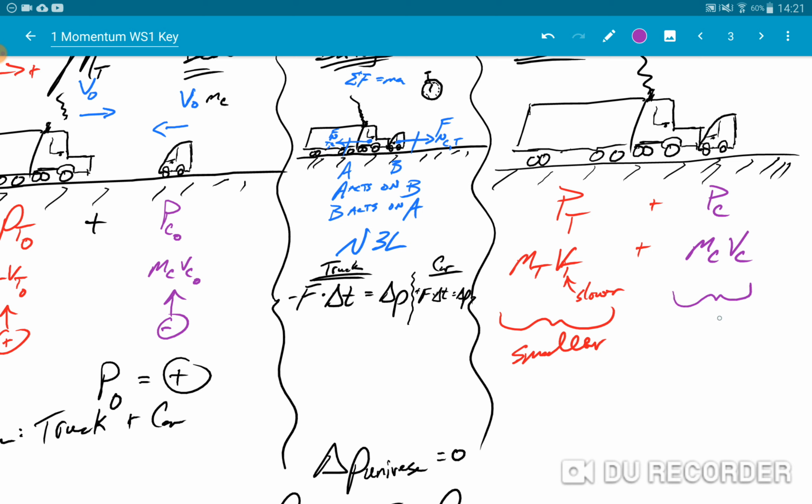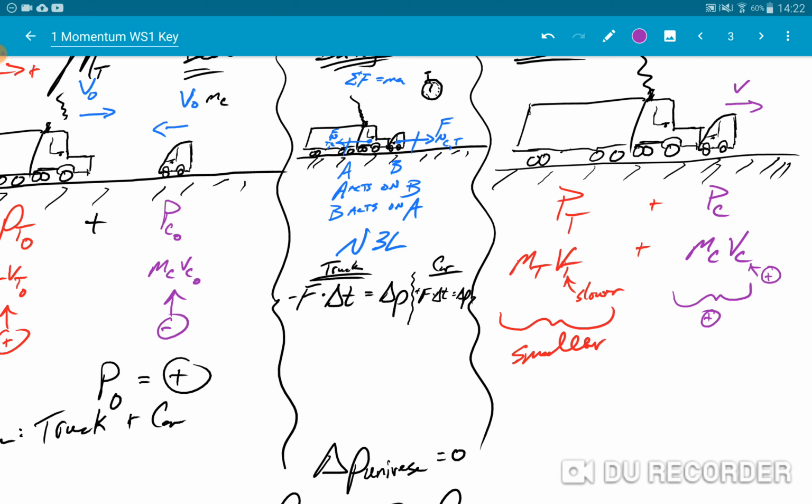That means this thing must be some positive quantity, which means that this car must be going to the right. That's supposed to be a V. This car afterwards must be going to the right. Yeah, it gets ejected to the right. You could probably envision that in your head, and you could probably YouTube a bunch of different crashes like that.